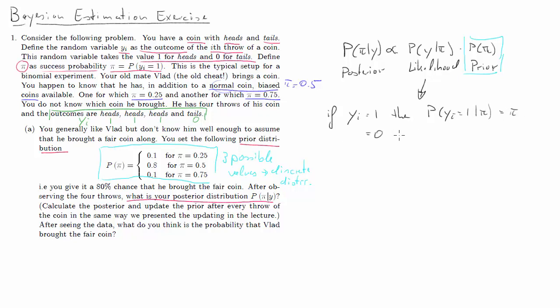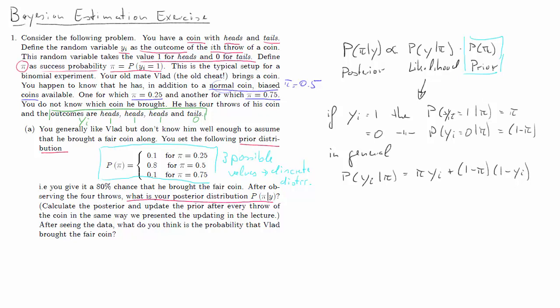So what about the likelihood? Now, if we have a head as an outcome, yi is equal to 1, then the probability to get that outcome given a certain value of pi is just pi. The probability of getting a 0 is 1 minus pi. So in general, we can write that down for both outcomes. We can say the probability for yi given pi is pi to the power yi times 1 minus pi to the power 1 minus yi.